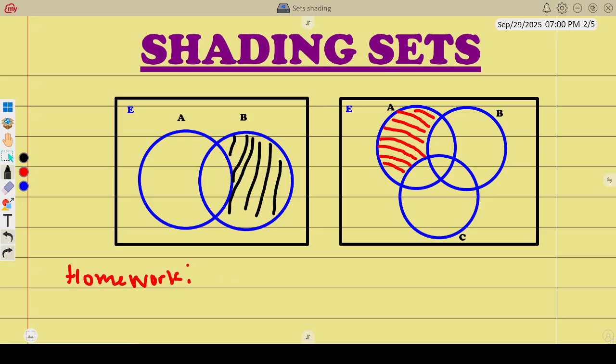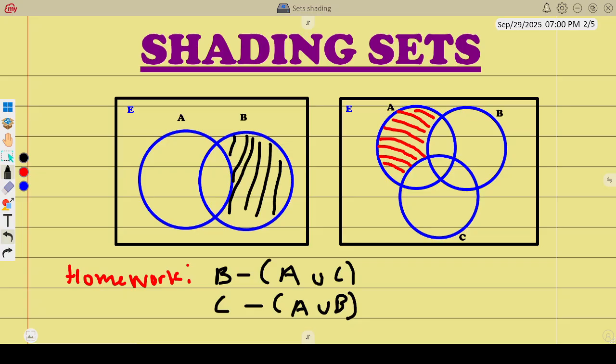So I want you now to try shading B minus A union C. So try this, also try this. If you want to understand maths very well, you just have to be practicing.